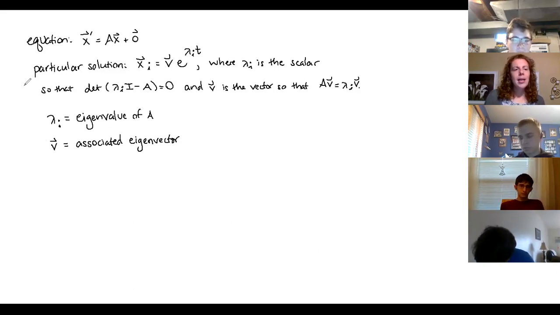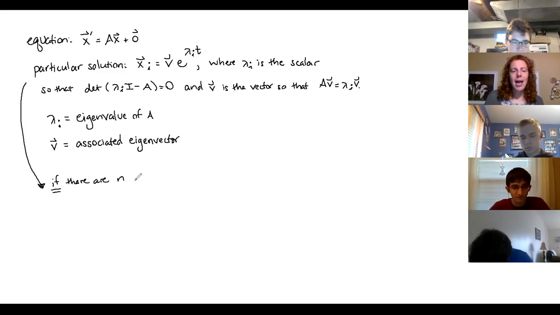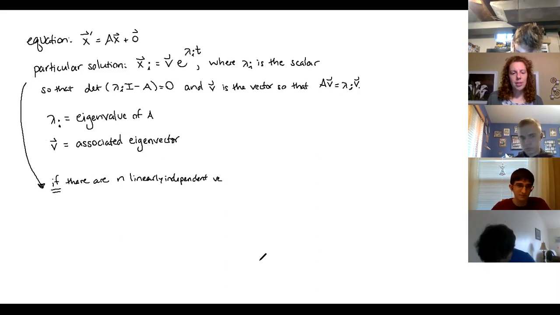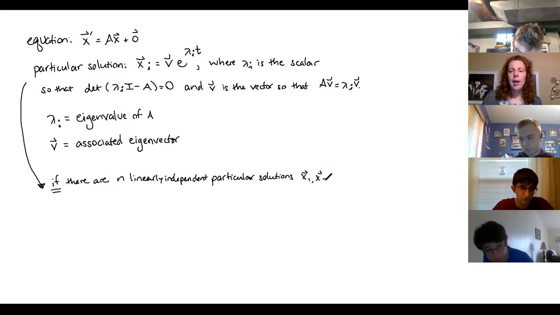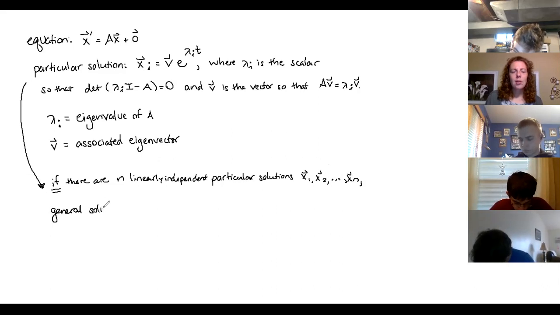And then if, and this is an if, there are n linearly independent vectors, maybe I should say particular solutions. If there are n linearly independent particular solutions, x1, x2 vectors through xn, then we can find our general solution.